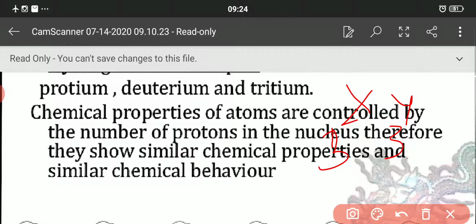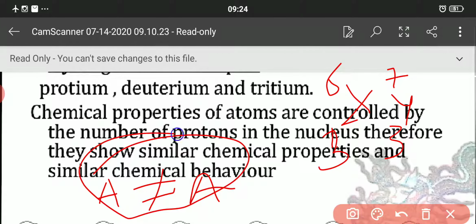For example, one has mass number 6, another has mass number 7. So here A is different, but Z is the same. Then this type of atoms are known as isotopes of each other.